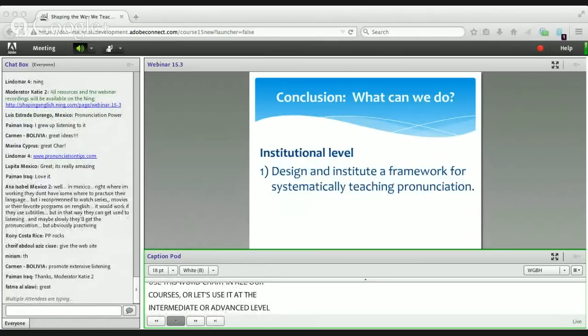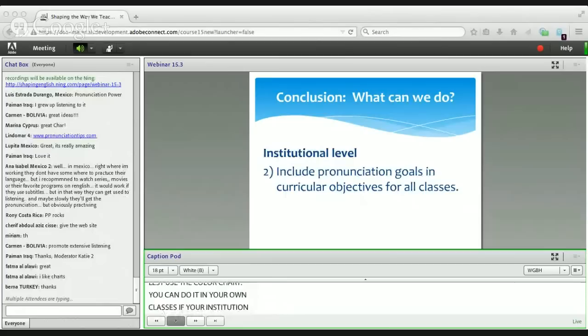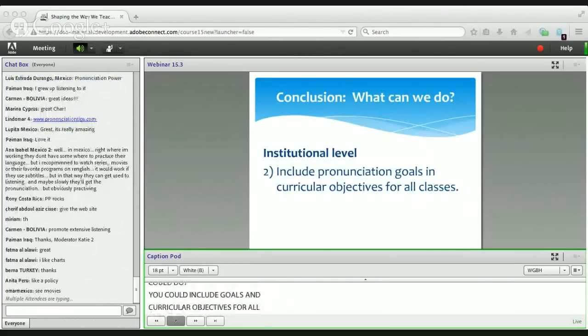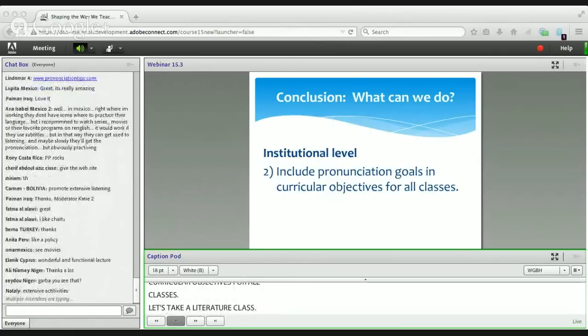So you can do it in your own classes if your institution allows, but try to think on a more institutional level. What could you do? On an institutional level, you could also include pronunciation goals and curricular objectives for all classes. So let's take a literature class. Of course, they're going to learn about poets or different rhyming schemes and literature of different centuries or different countries.